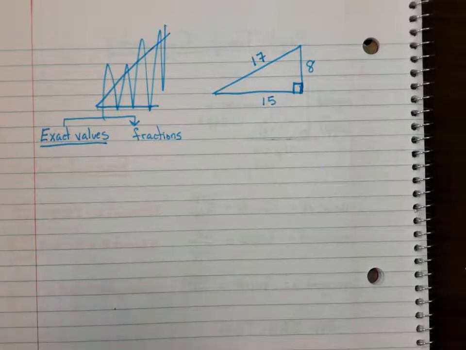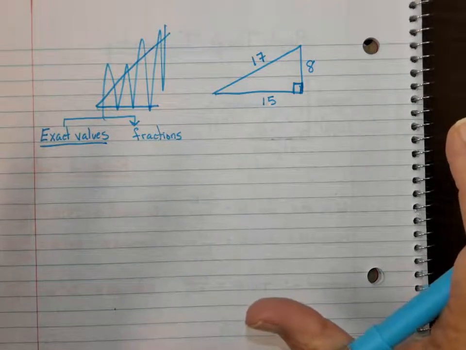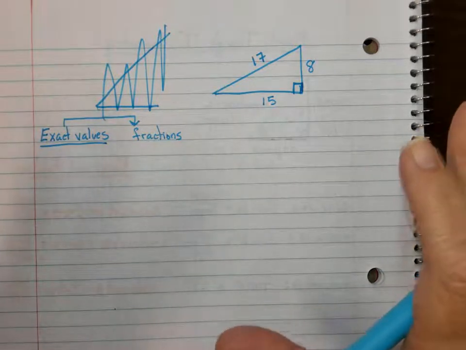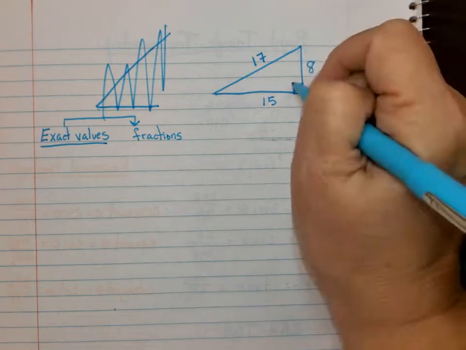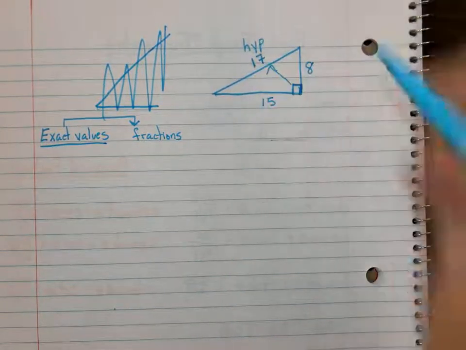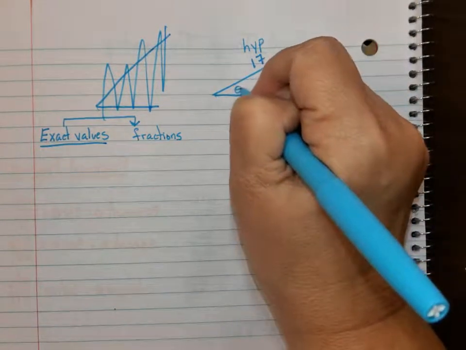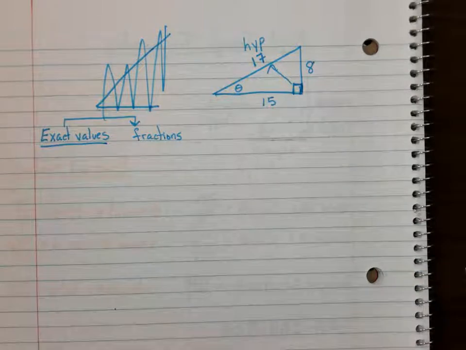Alright, so my suggestion as you start these is that you start by labeling your sides. So across from the right angle is the hypotenuse. Oh, I forgot to put theta in here. This angle is theta. That's very important because if you don't know where theta is, you don't know which one is opposite and which one is adjacent.